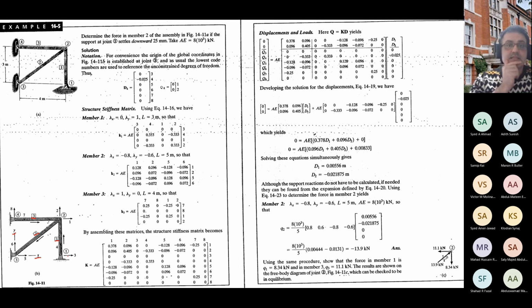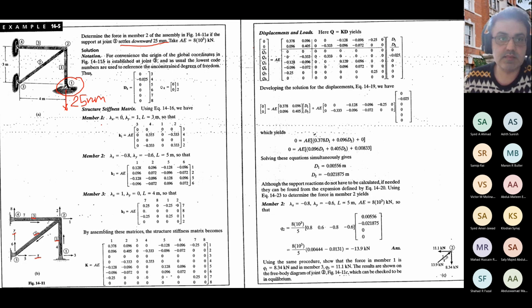But the difference is that, for this structure, we don't have any external forces, and we have a kind of settlement downward equal to 25 millimeter in joint 1. In this joint, the whole support goes down 25 millimeter because of some reasons.